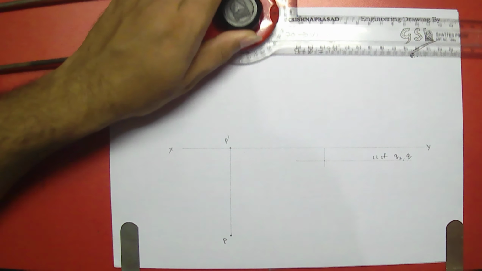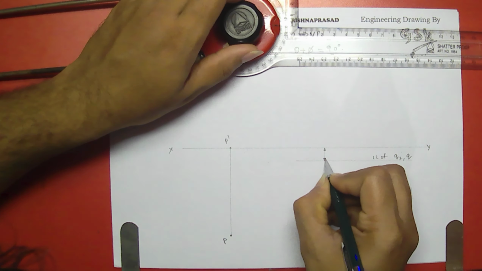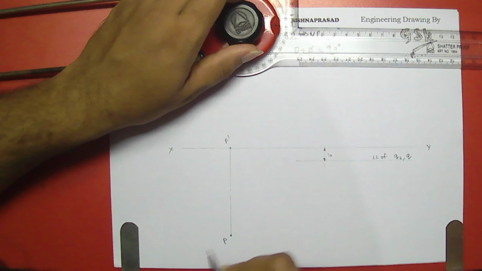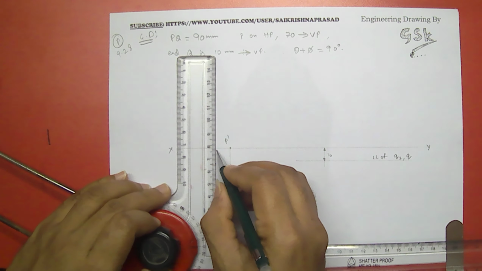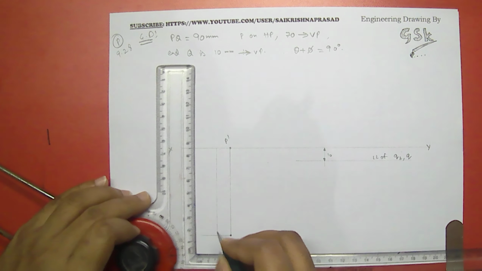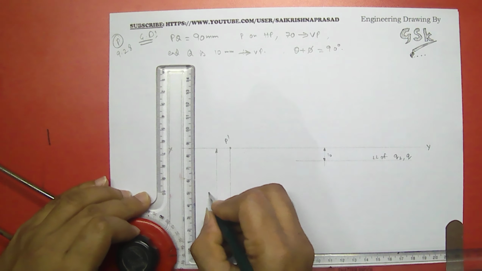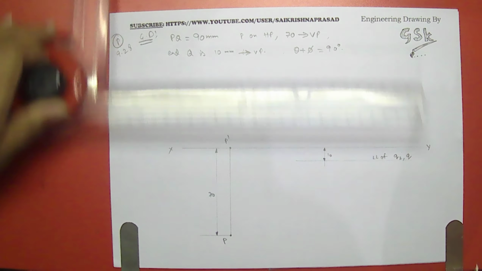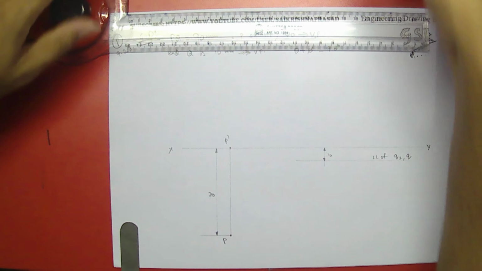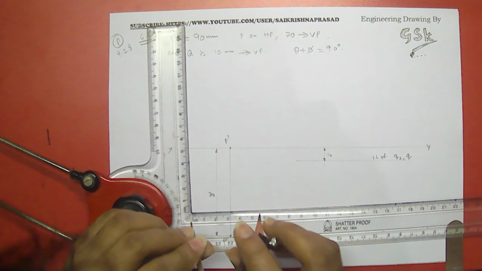and Q, right? And this distance is 10 mm, and this distance is 70 mm, that is given in the question itself. So now I'll be taking the compass and I'll measure 90 mm.